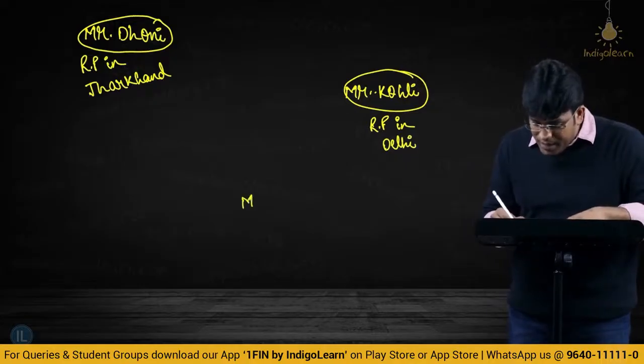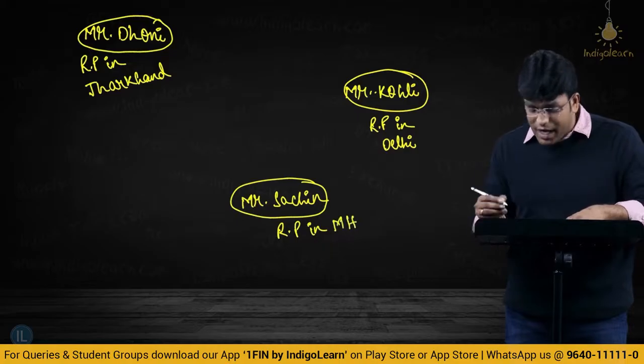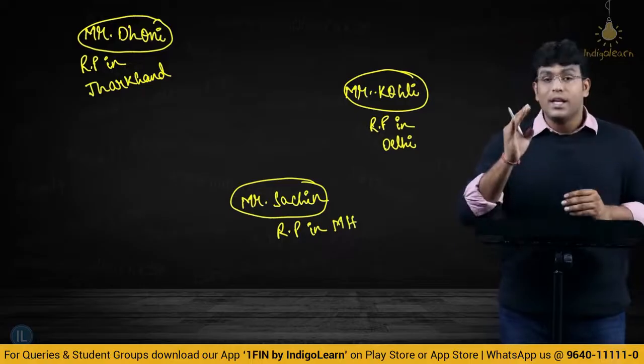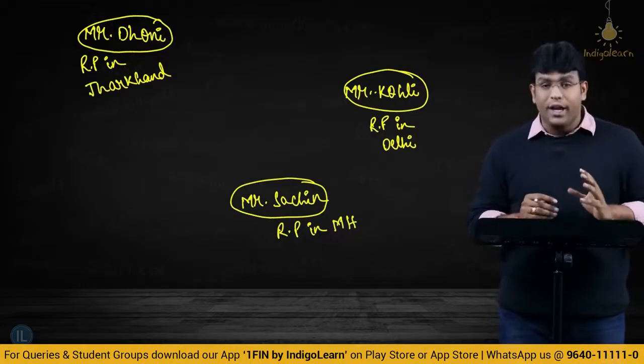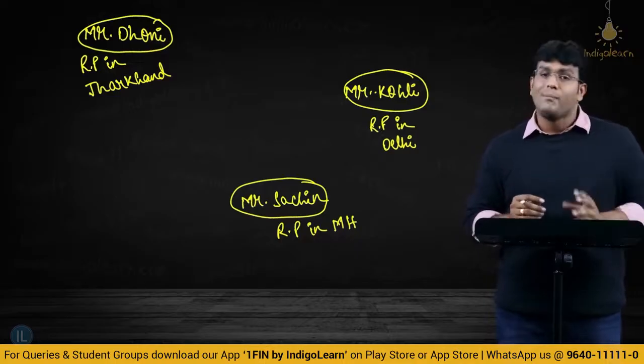And let's say there is one person called Mr. Sachin. And this guy Sachin is a registered person in Maharashtra. So there are three persons called Dhoni, Kohli, Sachin. Dhoni is registered in Jharkhand, Kohli registered in Delhi, Sachin registered in Maharashtra.